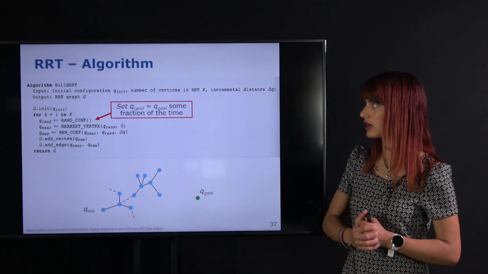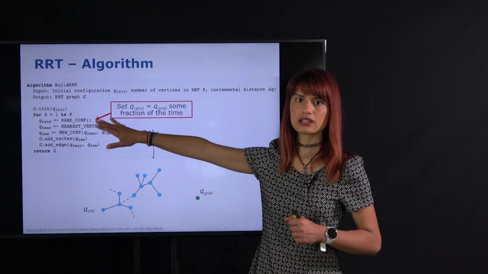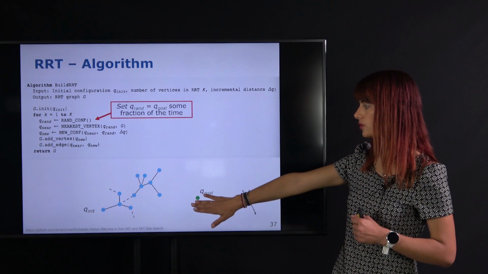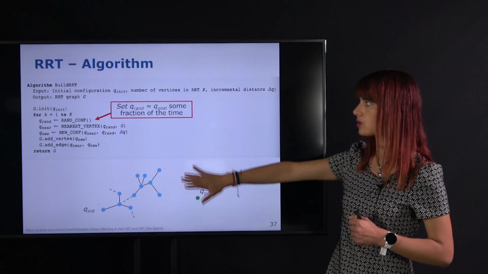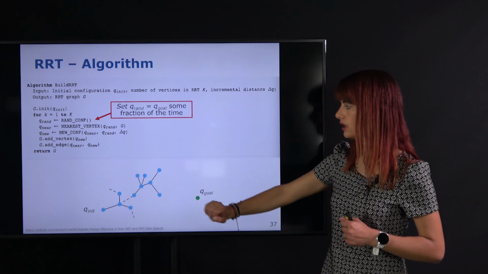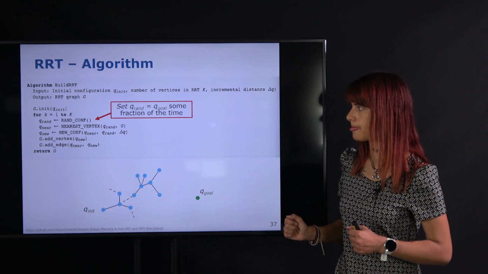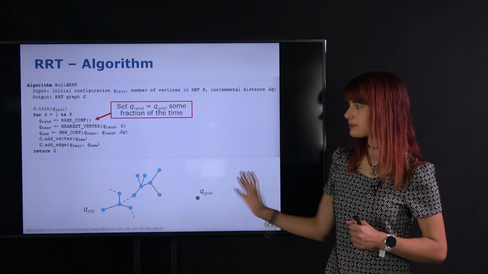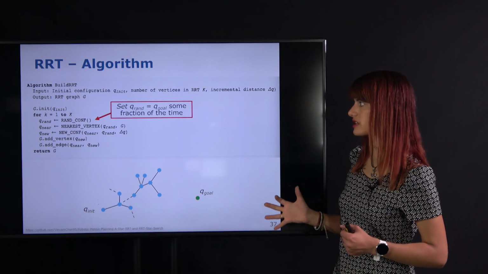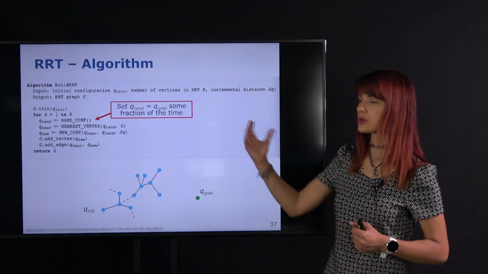So every once in a while, instead of sampling randomly, set the newly sampled node as the goal and repeat this procedure so that we can actually grow our tree in a directed way. So the tree expands and explores the area very rapidly, and this is where the name comes from.